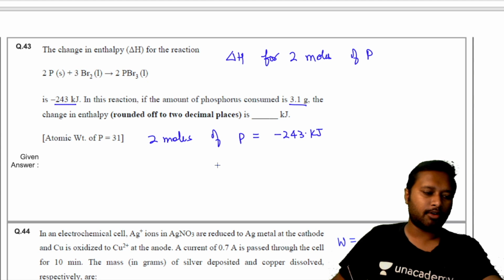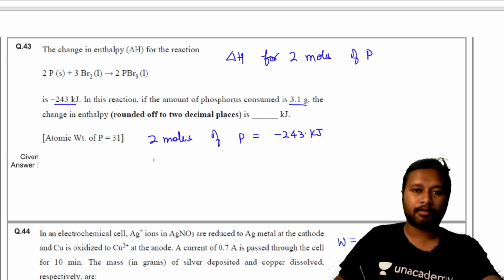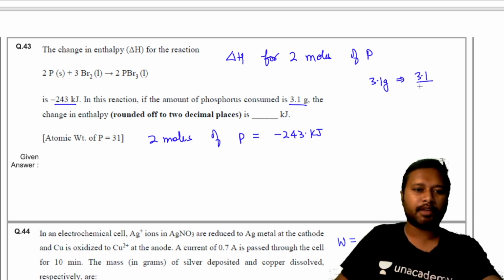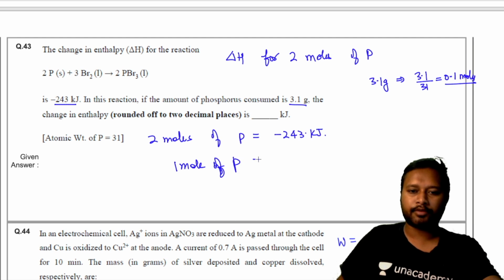Now you have to do it for the given amount. First of all, convert the given value into number of moles. 3.1 grams divided by the molecular mass of phosphorus, which is 31, will become 0.1 moles. So 2 moles of phosphorus is this much; 1 mole of phosphorus will be minus 243 upon 2 kilojoules.